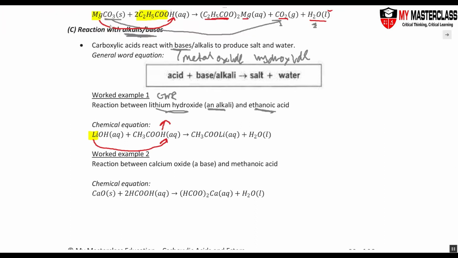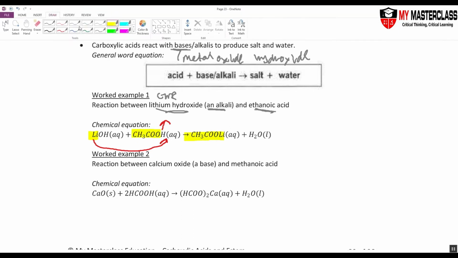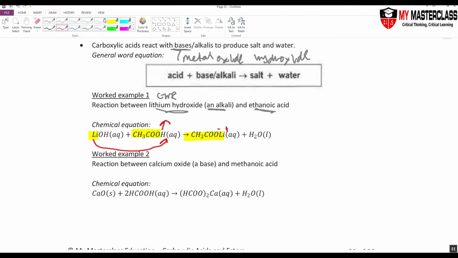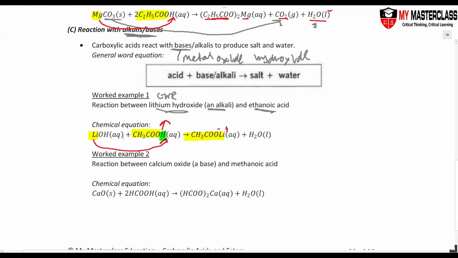So my lithium partners the CH3COO, and you get lithium ethanoate. Check your formula: Li is plus, COO is minus, your formula is correct. The H that is kicked out partners the OH to form H2O. Alkali plus acid gives you salt and water.